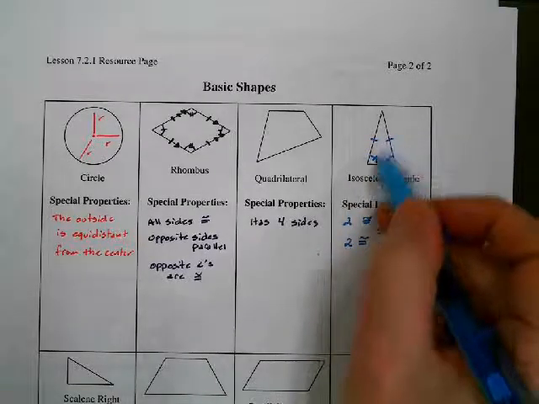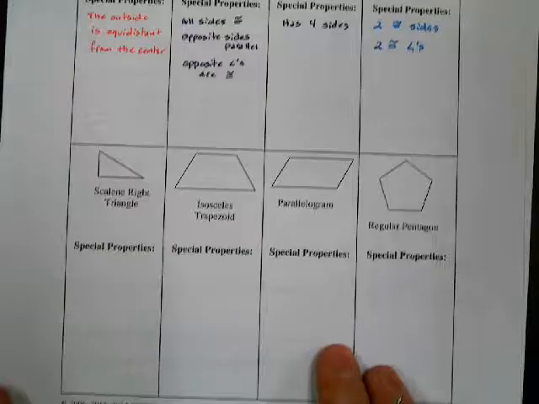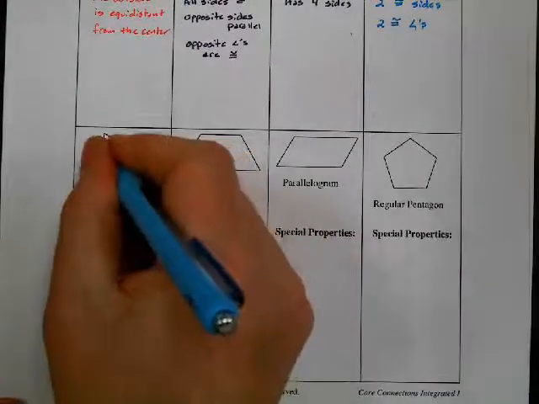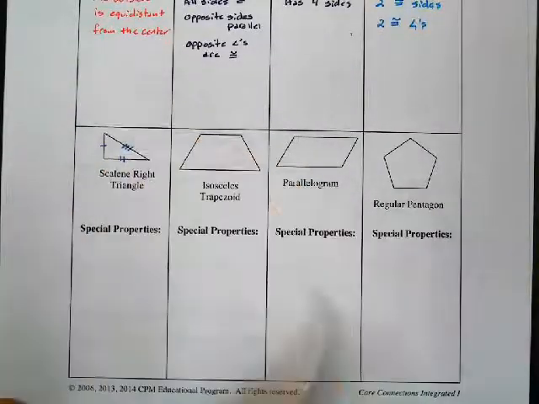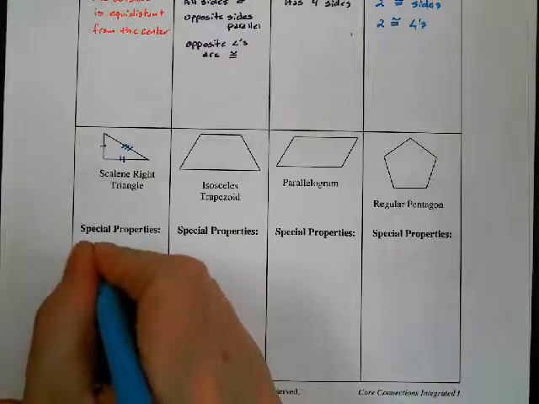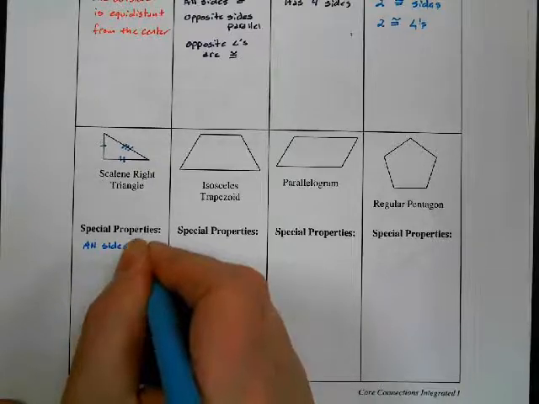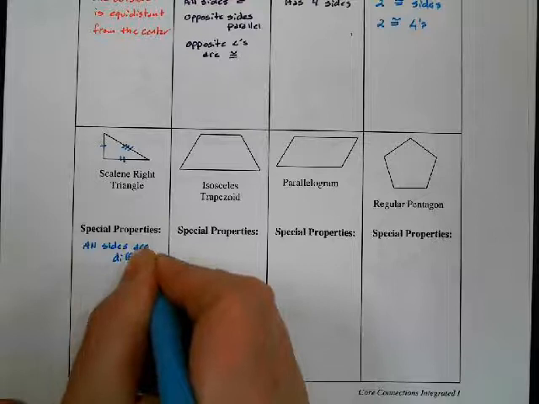All right, a scalene right triangle. In a scalene right triangle, all the sides are different. And one angle is 90 degrees, which means two of the sides are perpendicular to each other.